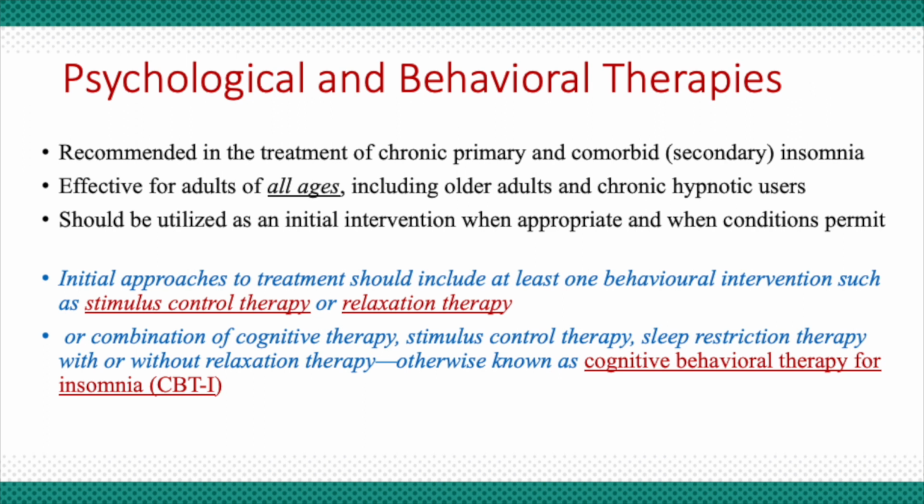Usually they would start with at least one of either stimulus control therapy or relaxation therapy, or they may also start with a combination of cognitive therapy, behavioral therapy, and stimulus control therapy, and they may or may not add relaxation therapy. This is called CBTI and forms a very important part of managing insomnia.